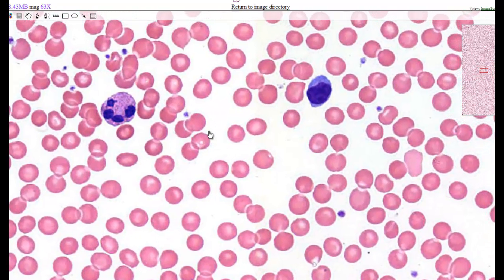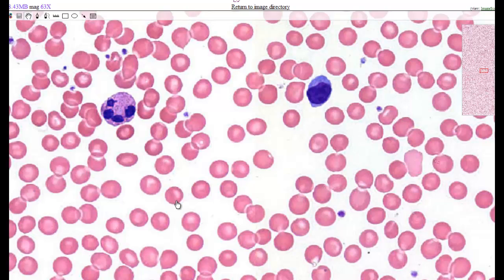I can see some cell fragments, or thrombocytes, platelets. I can see that we find lots and lots of these pinkish staining cells. These cells right here and right here and right here, all over our picture, these are all red blood cells.